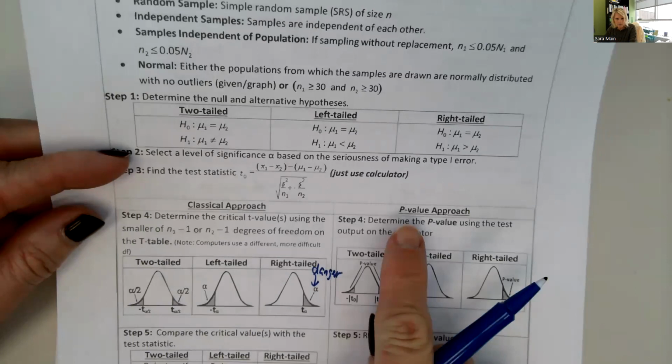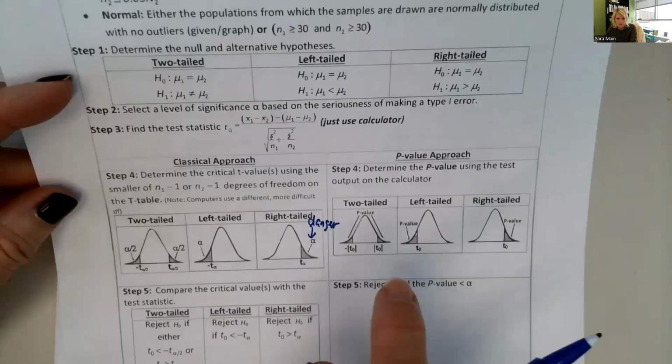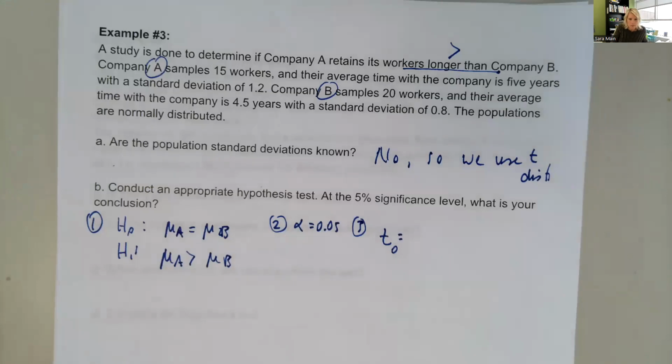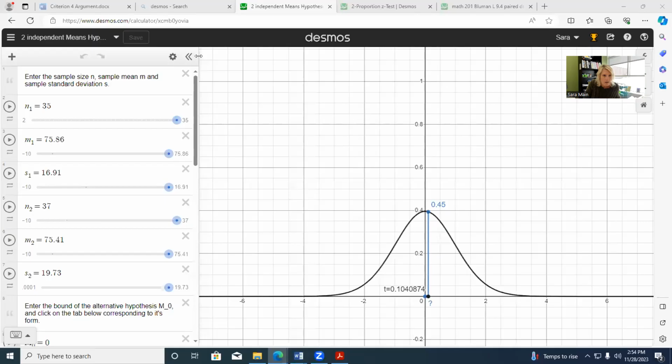So you're going to use the program in Desmos. And that program is right here. It's called two independent means.